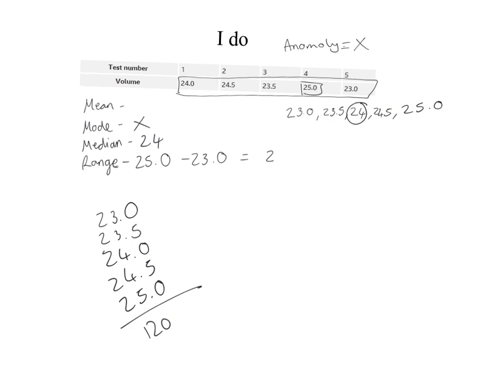So make sure you add them all up first. So when you're on calculator, just add up all the numbers you've got, and then you need to divide by how many numbers you've got. So you've got 1, 2, 3, 4, 5. So you do 120 divided by 5, and that will give you 24. Okay, so the mean is 24. Okay, be really careful that you add them all up first. Press equals before you do the dividing.